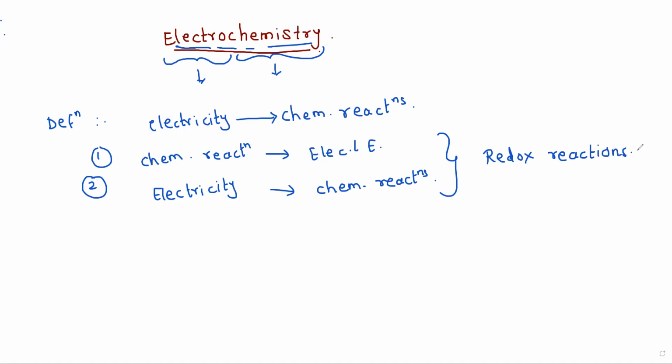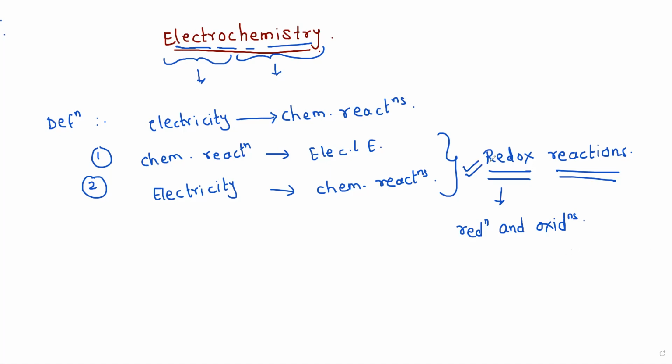Every chemistry student must have heard what redox reactions are. I will simply explain here what a redox reaction is. Redox means reduction and oxidation simultaneously happen in a reaction. A reaction in which reduction and oxidation happen simultaneously is called a redox reaction.